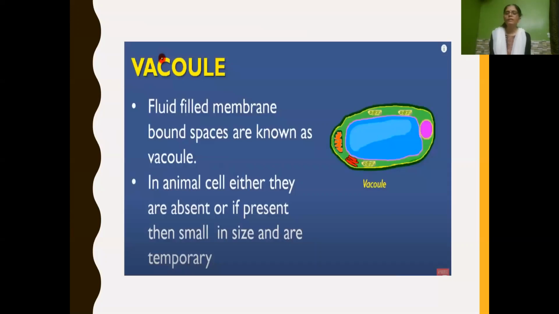And in animal cells, either the vacuoles are absent, or if present, they are very small in size and temporary. That is, temporarily they will be present. Vacuoles will be very small and many, but they are not permanent in animal cells. But children, keep in mind, in animal cells there will be many vacuoles and smaller in size.